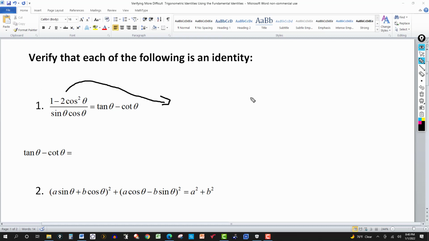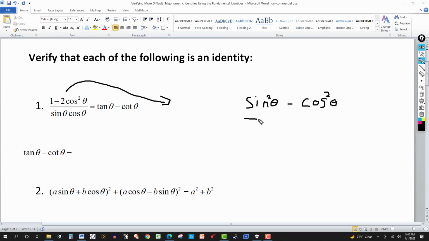What do I get on top? I'm still going to get the sine squared of the angle, because I'm replacing 1 by sine squared plus cosine squared. And then cosine squared minus 2 cosine squared, that's minus cosine squared of the angle.